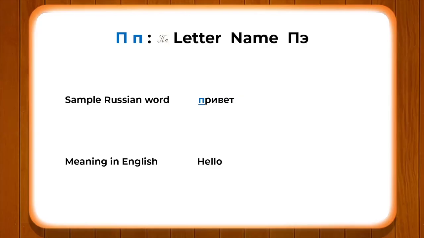Whenever you are meeting a Russian speaking person, you have this word with you to start conversation with, known as Privyet. Privyet means hello. It is the first thing which I would like my learners to learn and understand, so whenever they meet a person from the Russian speaking world, they can converse with them.